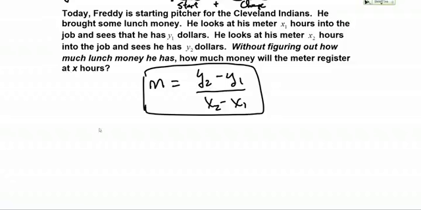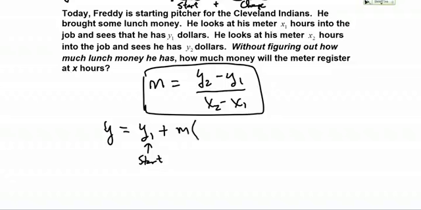Then, what did we do here to find out how much money he has at X hours here? Well, we took one of the initial values we had, say Y sub 1, and we added in how much it changed here. So this was like your starting amount, you might recall. And then we add here how much it changed. Well, how much did it change here? Well, he earns M dollars per hour.